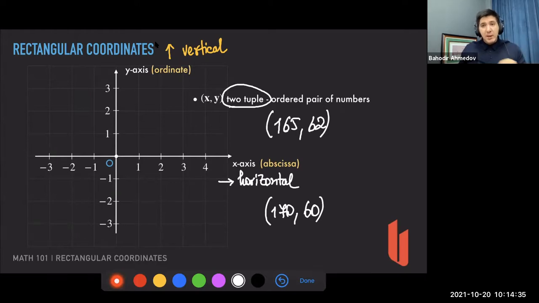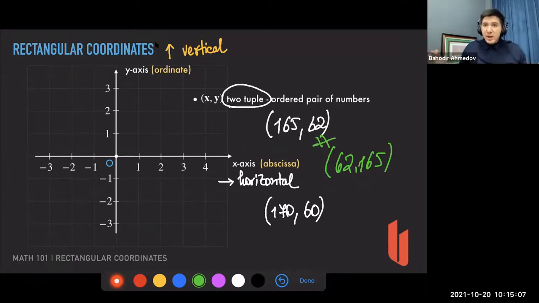It is important, because if you mix up the values and, for example, write down 62 and 165, it doesn't mean that the height is 165 and weight is 62 anymore, right? It means that the height is 62 and weight is 165. Okay, it is important that you keep the order. The order of these two numbers is important. So this vector or this two-tuple is different from this one. Okay, they are not the same.